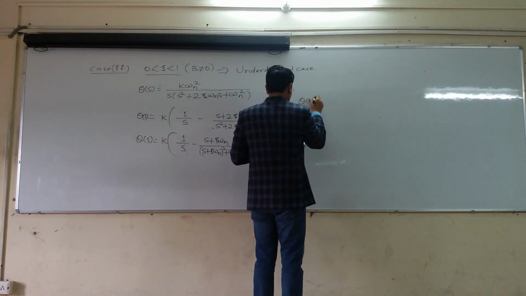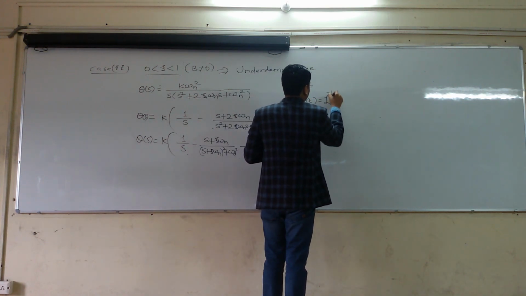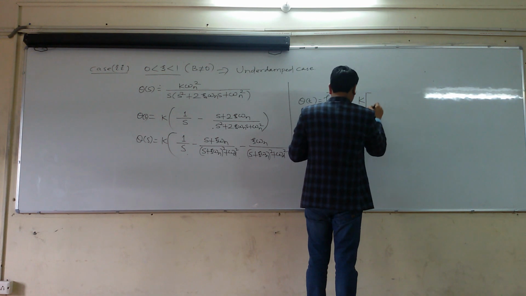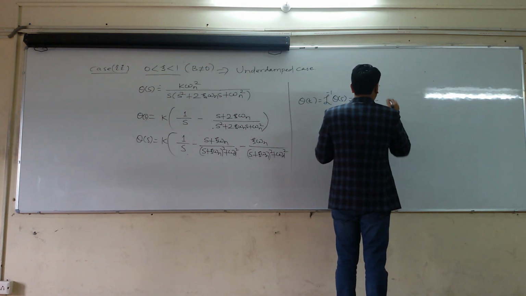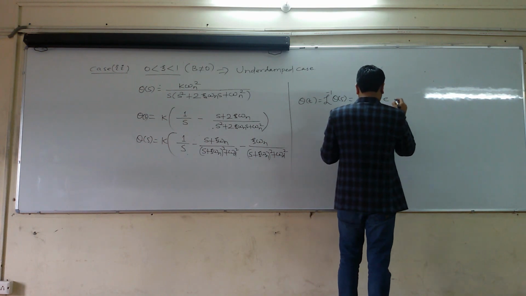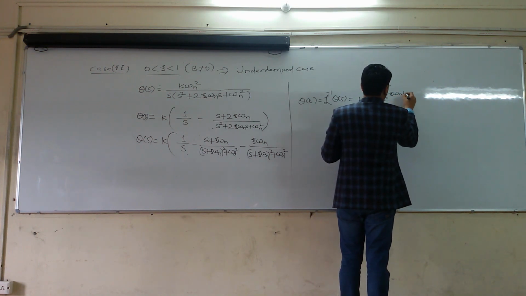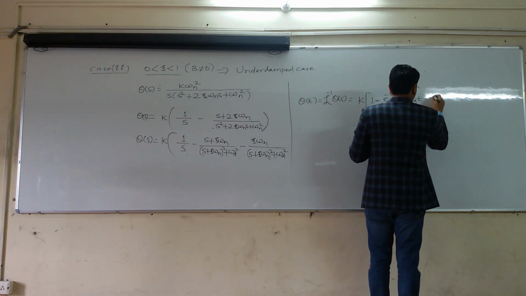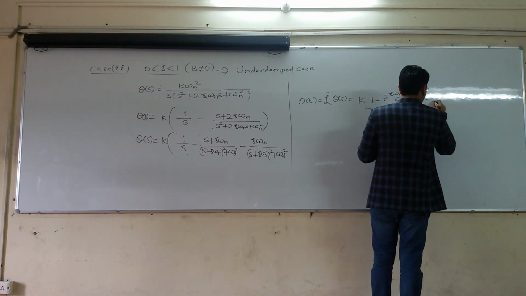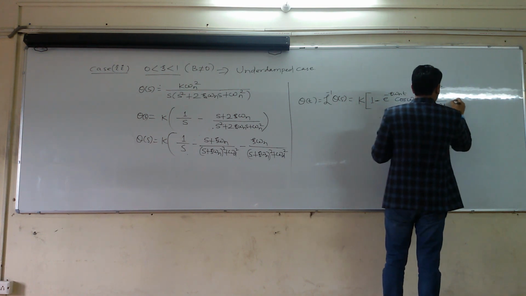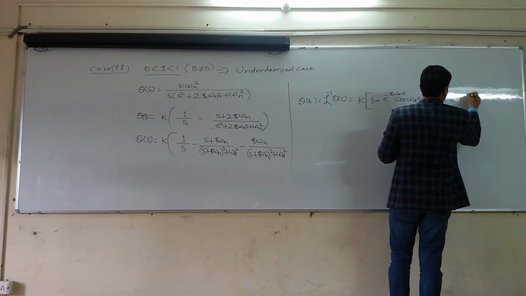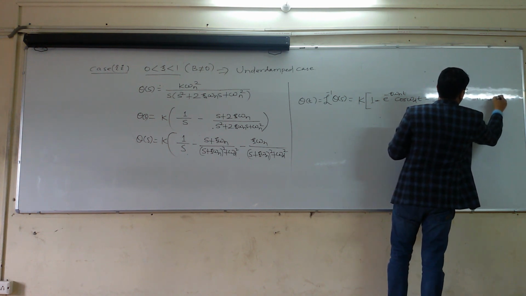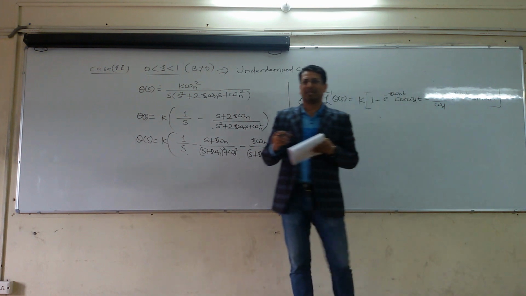Theta t will be equal to inverse Laplace of theta s, that will be equal to k multiplied by 1 minus e to the power minus zeta omega n t cos omega d t minus zeta omega n divided by omega d, e to the power minus zeta omega n t sin omega d t.